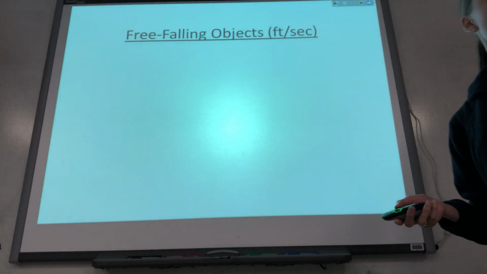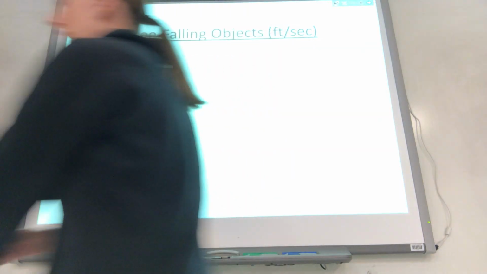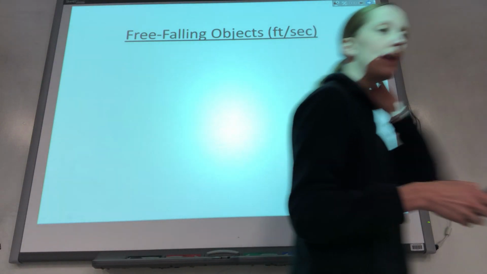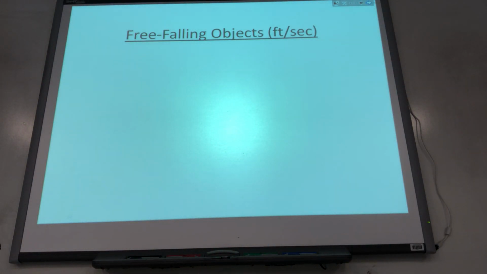Now, this should be the last thing that we're going to review here in chapter 4. Free-falling objects. There will be at least one, maybe two, free-falling object questions on the final. And I've got this on the study guide, but it's also up there.